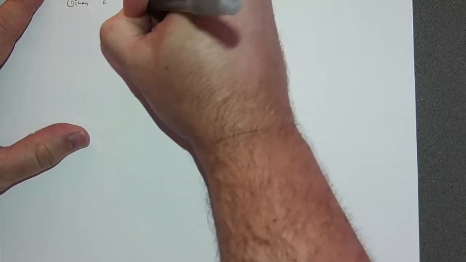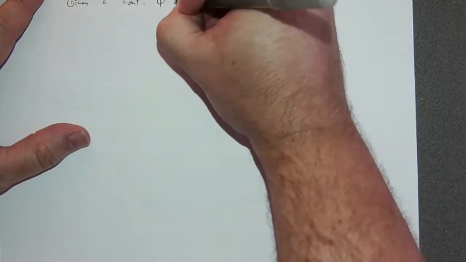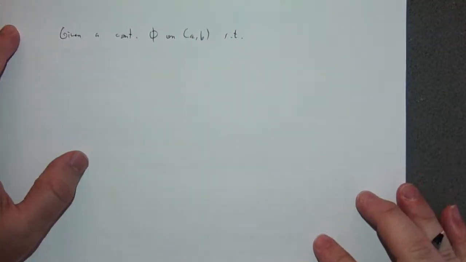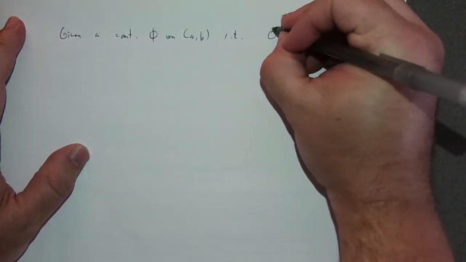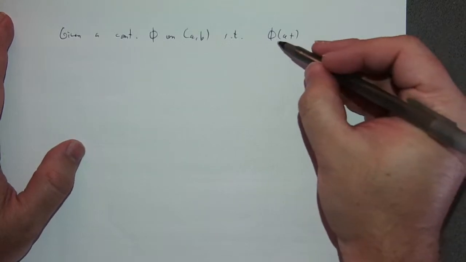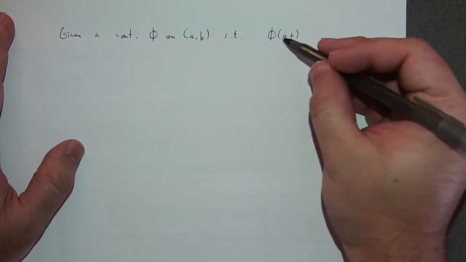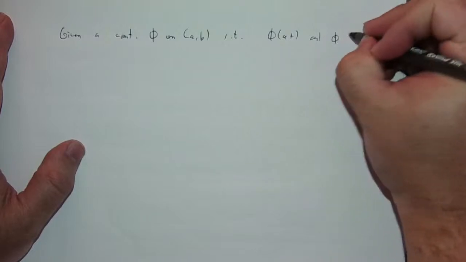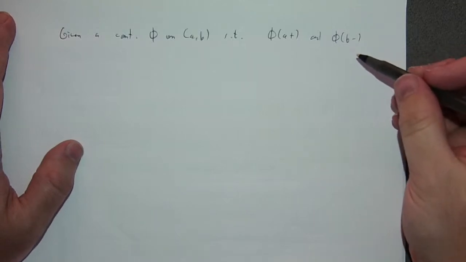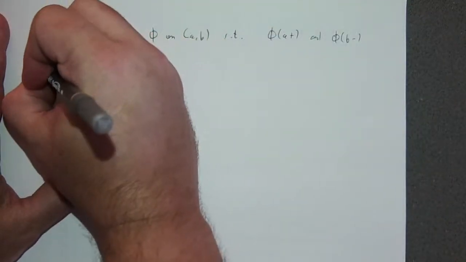And so, given a continuous phi on (a, b) such that this limit phi of a plus, that's its limit from the right, and phi of b minus, the limit of its value at the right endpoint from the left, both exist.